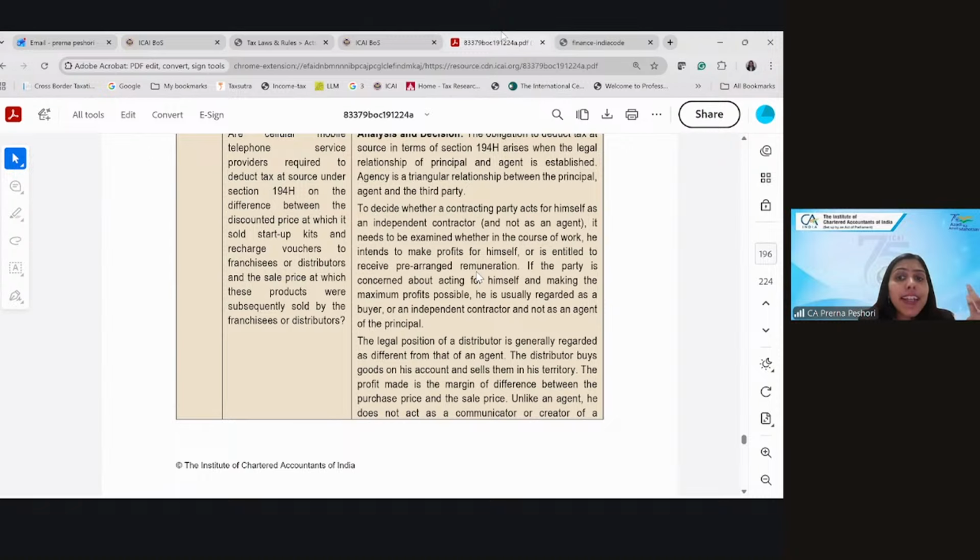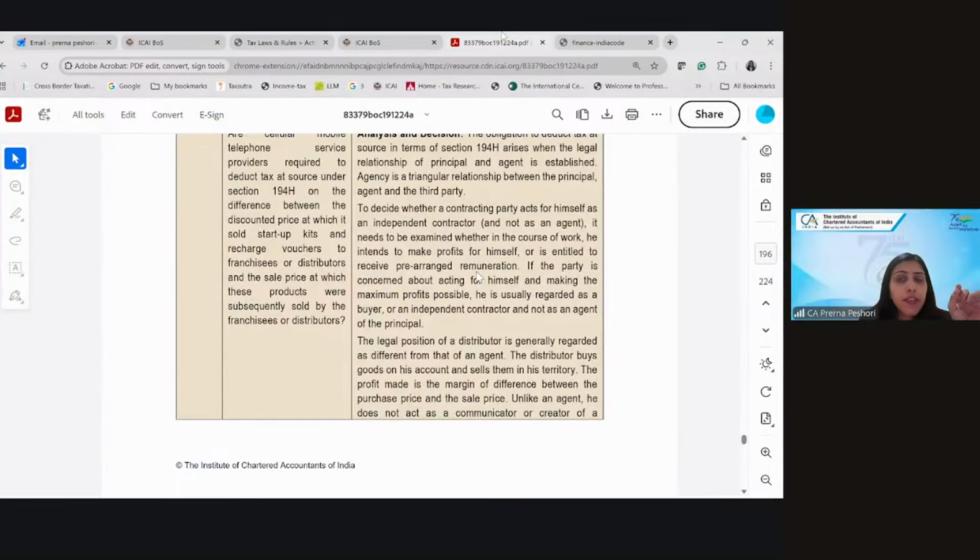However, if you work like an agent, you have a pre-decided remuneration. So the distributors which are purchasing these recharge vouchers can purchase at a discounted price and they can sell it at whatever price they want but not go above the MRP. So they can sell it up till the MRP at whatever price.